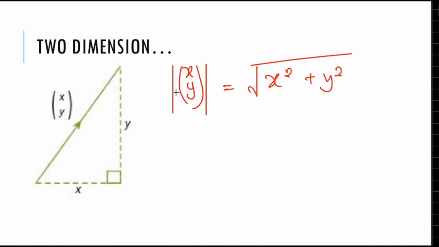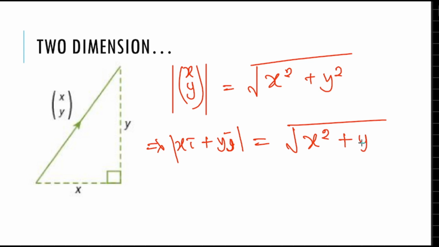And if we have the vector in this form, let's say xi plus yj, the magnitude will still be the same thing, square root of x squared plus y squared. Note that the square root of i squared is always equal to 1, and j squared is always equal to 1. So the i and the j will disappear, and what we just have is the number. This is how you compute magnitude.